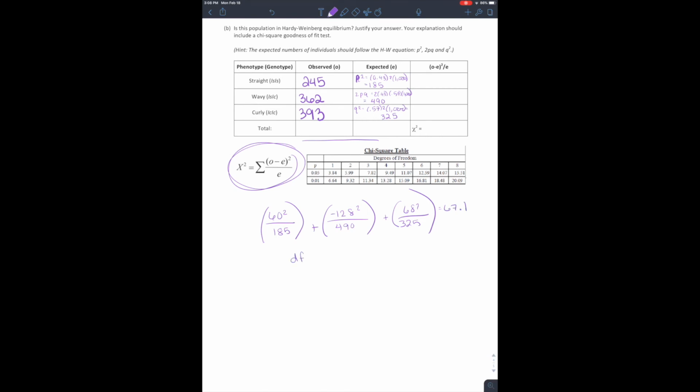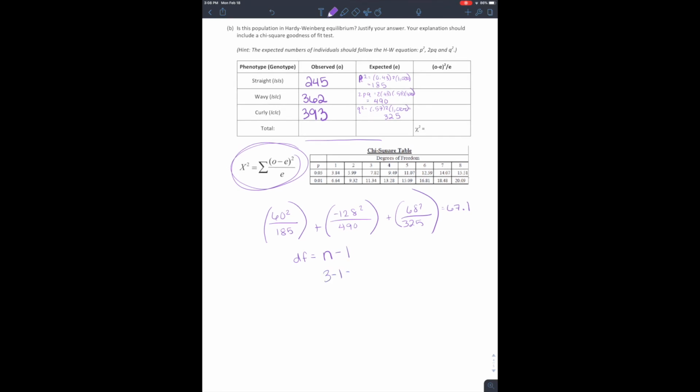Our degrees of freedom, as always, is going to be n minus 1. So 3 minus 1 is 2. And we always use the 0.05. So 2 degrees of freedom. My critical value is 5.99. And my chi-square, up here, is 67.1.